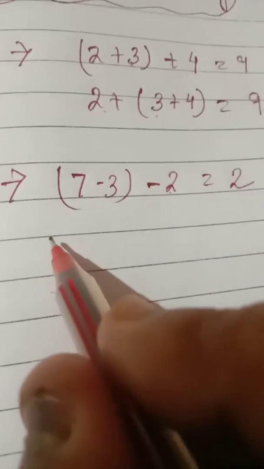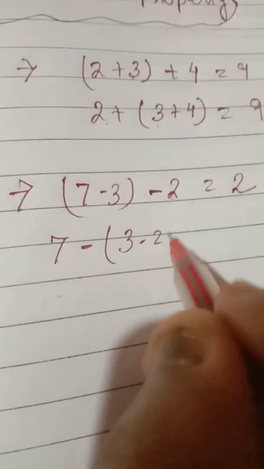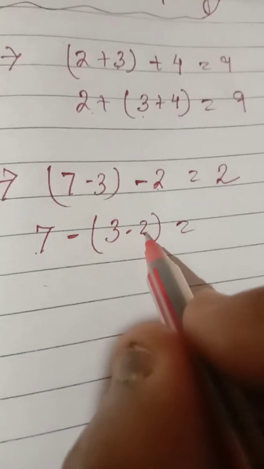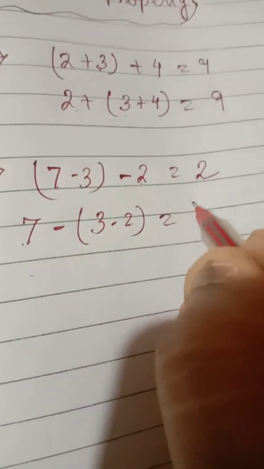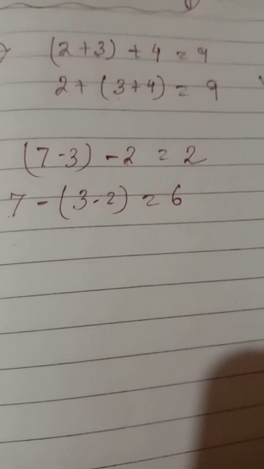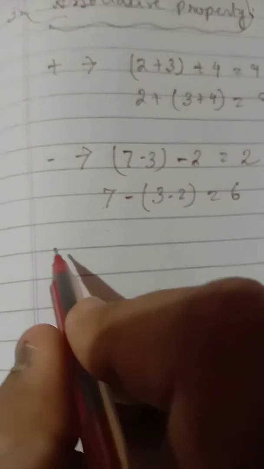But if I write this way, 7 minus, inside the bracket, 3 minus 2, that is 1. So 7 minus 1 will come 6. So we can't regroup. That's why it is not applicable in case of subtraction.